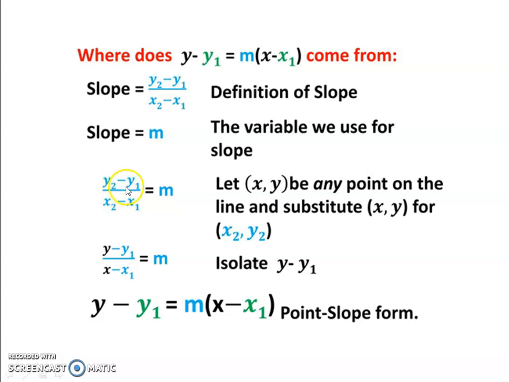If we put x, y instead of x2, y2, then we have y minus y1 upon x minus x1 equal to m. To isolate, y minus y1 remains the same. We take the cross multiplication: m times bracket x minus x1. It is the point slope form, called the equation of line in slope point form. Let us check.